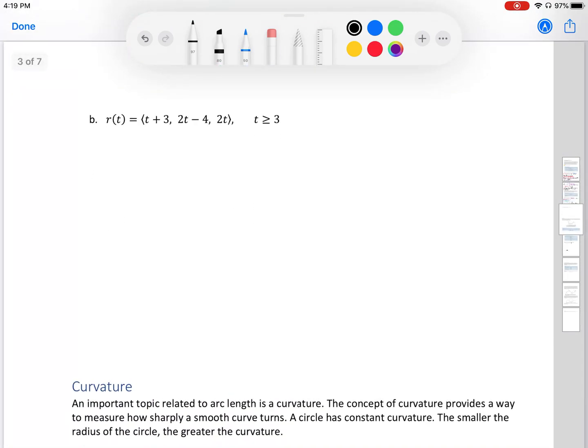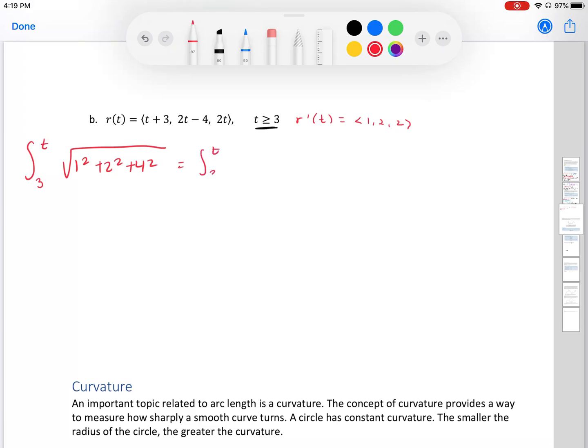Let's take a look at example B. Again, we want to apply the derivative, so that we have r prime of t equal to 1, 2, 2. Okay, let's go ahead and apply the integral from 3 to t. So we have the integral from 3 to t of the square root of 1 squared plus 2 squared plus 2 squared du.